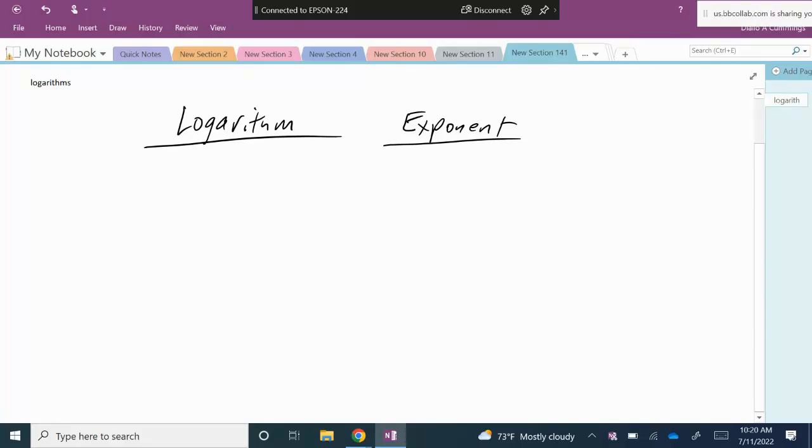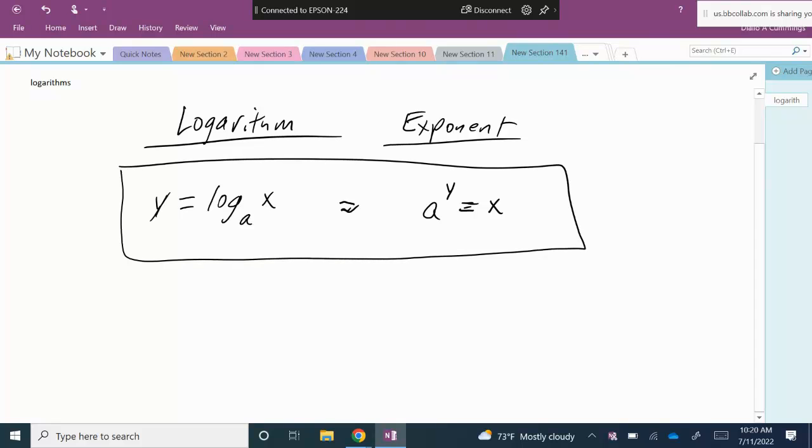In log form, we have y is equal to the log base a of x. We can rewrite any logarithm as an exponent. The way that this would be written is a raised to the power of y is equal to x. So this is actually a conversion formula.